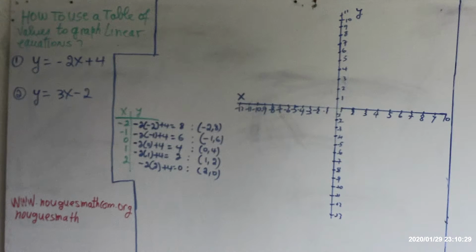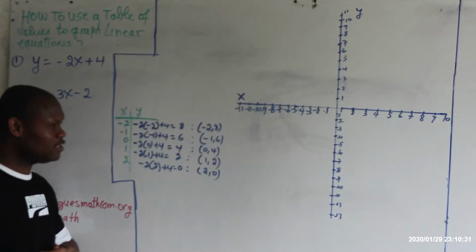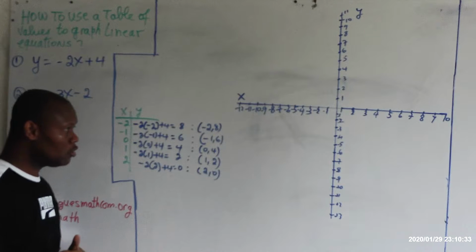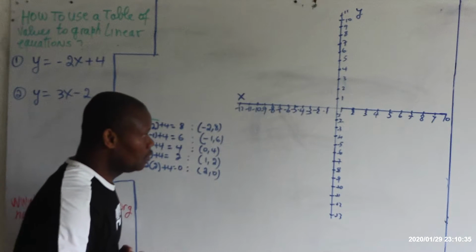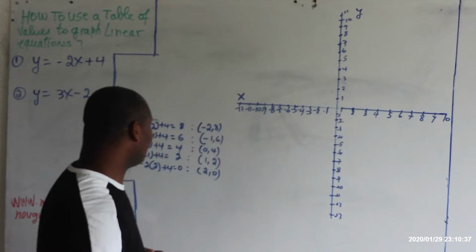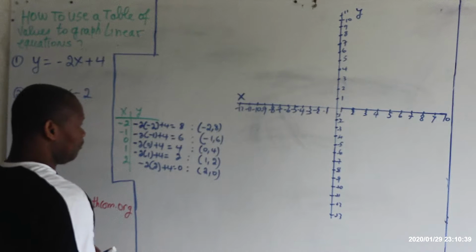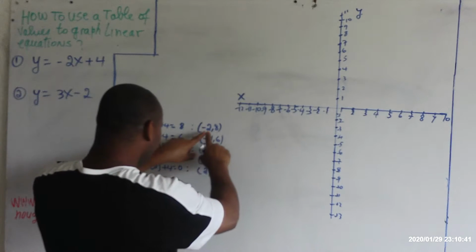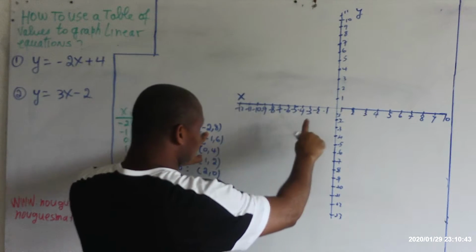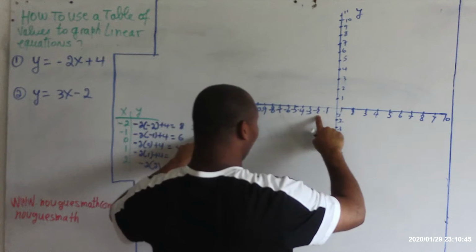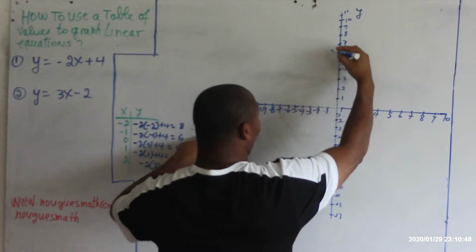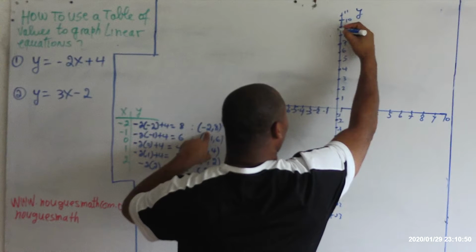Okay. I finished having all my coordinates, so I will plot all my coordinates so that I can graph my function. So let's start. -2 and 8. So this is -2, so I'm looking for 8. -2, go up, so this is 8 right here.